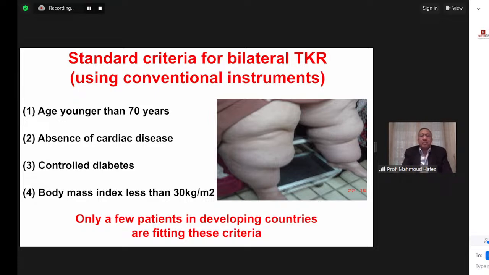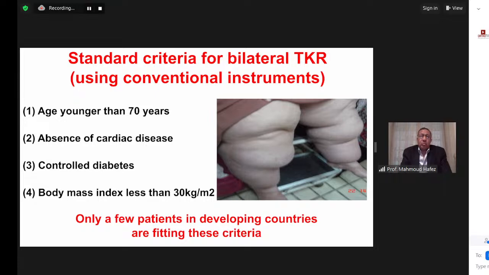Most of our patients, unfortunately, don't fit these criteria. The age may be less than 70, but the 70-year-old patient that I see in the UK who walks about 5 miles is different from the 60-year-old lady in Egypt who doesn't walk that much.